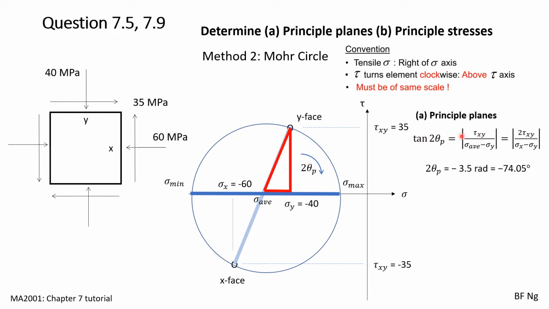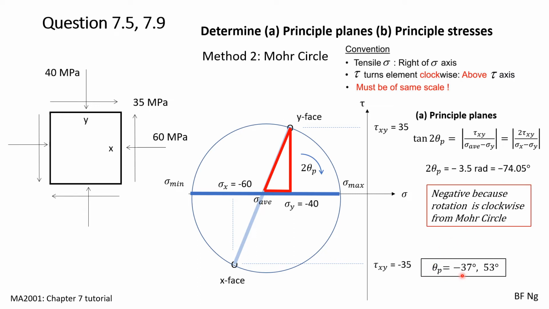For the principal planes itself, the angle of rotation is tangent 2 theta p over here, which equals this length divided by this length. This length is tau xy, and this length is sigma average minus sigma y. This is the same as the equation that we have solved earlier. Solving for it, we obtain 2 theta p equals to negative 74.05 degrees.